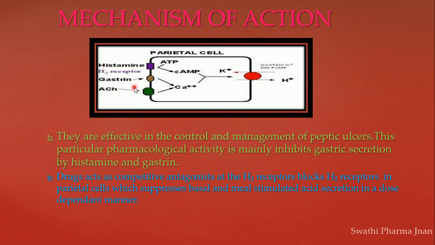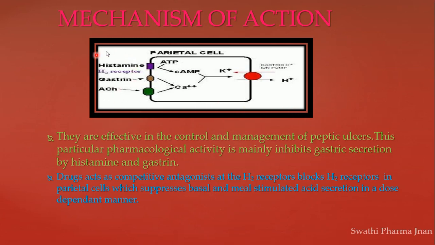Along with histamine and gastrin, it will lead to release of ATP, adenosine triphosphate, and cyclic AMP, cyclic adenosine monophosphate. These two together with calcium lead to influx of potassium and outflux of the proton, H plus ion. This H plus ion combines with Cl minus and is released in the form of HCl, which is also called gastric acid. That will lead to ulcer.